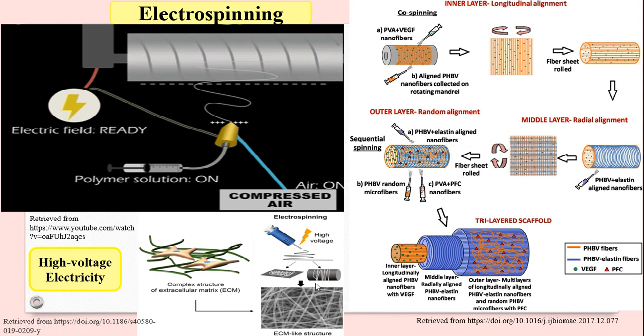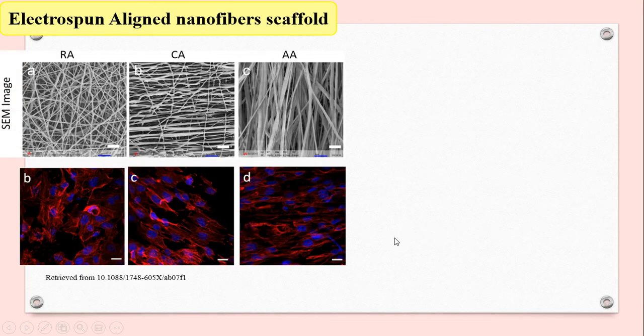Electrospun nanofiber mimics the architecture of the extracellular matrix, which is ECM. Experimental results from recent publications show the advantage of aligned nanofiber scaffolds in attracting endothelial cells.